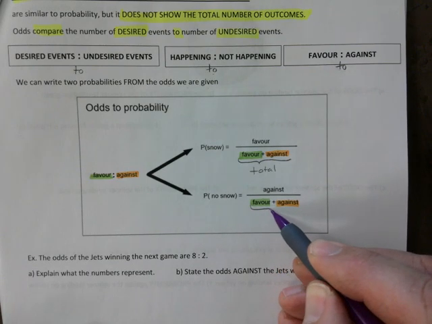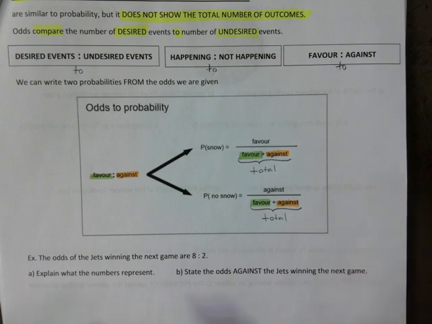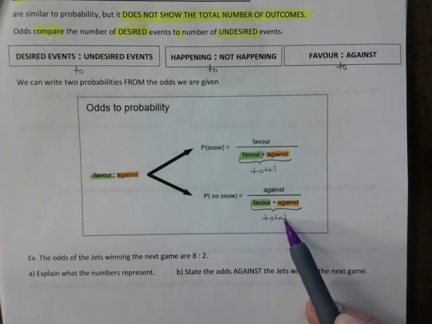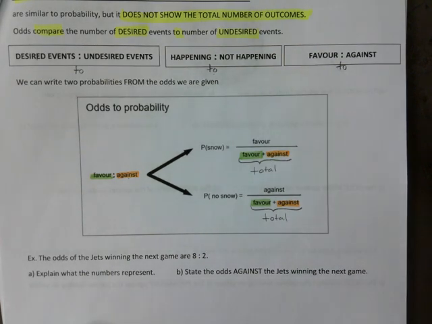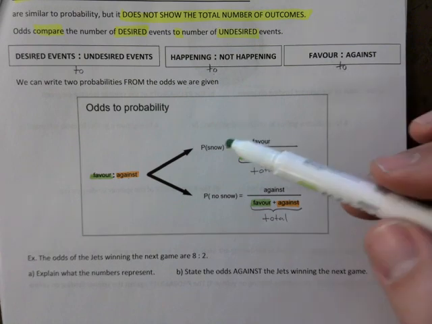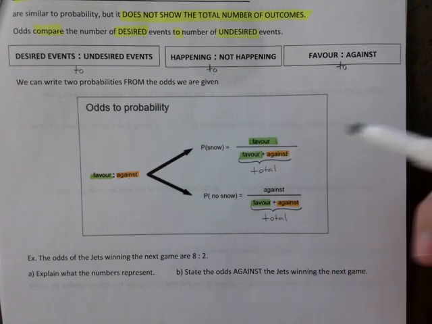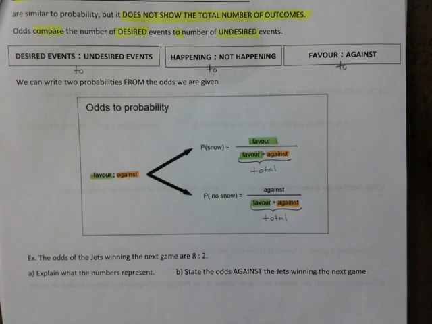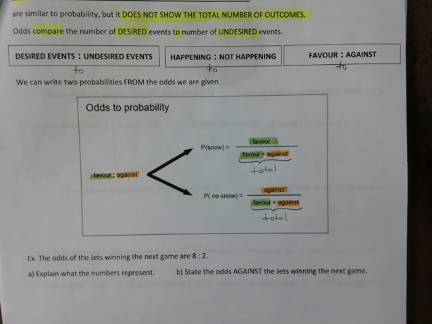Same thing here. When you add those two numbers together, you actually get the total number of outcomes that were considered here. But if you want probability of snow, then you put the number of snow at the top, the left number of my odds, right? If you want the probability against snow, you put against on the top there.